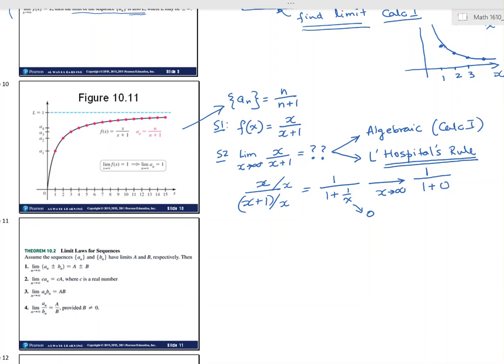So you get 1 over 1 plus 0, and that is obviously 1. So that is what this is saying, that the limit of the function is 1, and therefore the limit of the sequence is also 1. And you can see this graphically, that this is approaching this line 1.